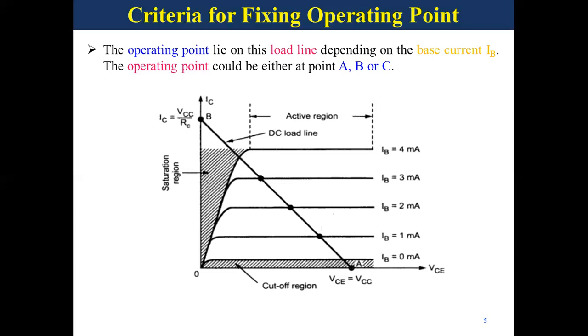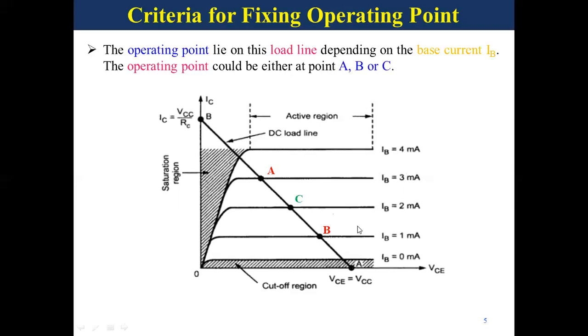At 3 different locations I am assuming the operating point, and based on that, I am trying to explain the best operating point location. First, point A, which is nearer to the saturation region. In the second case, we assume the operating point at position B, which is close to the cutoff region.